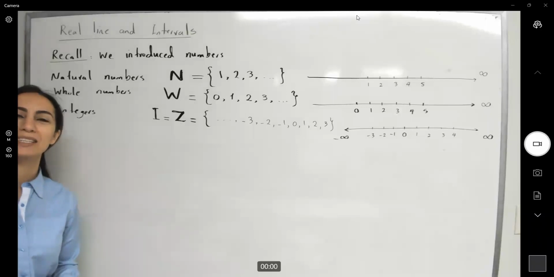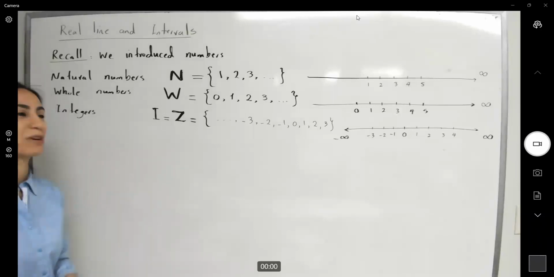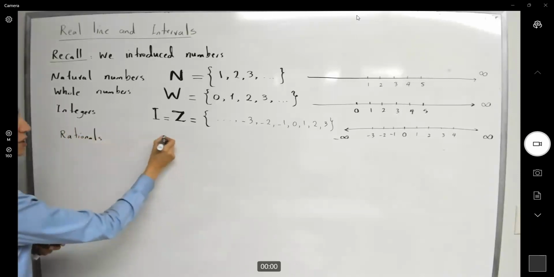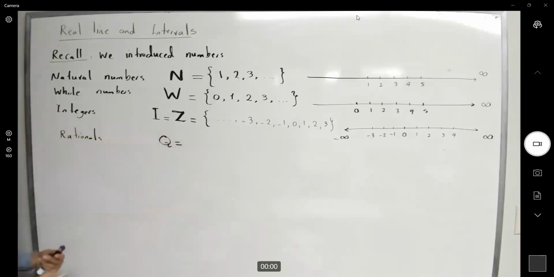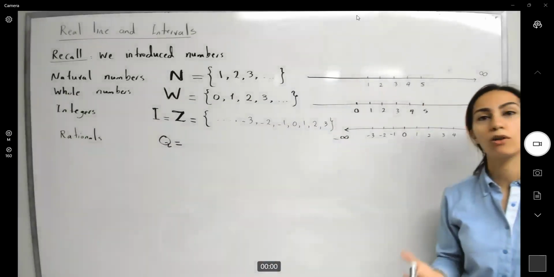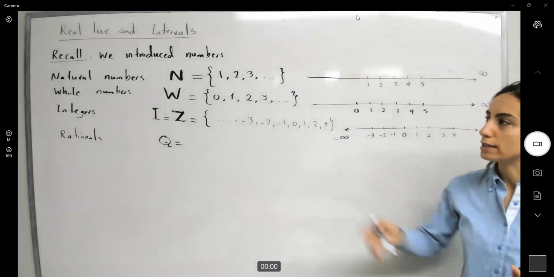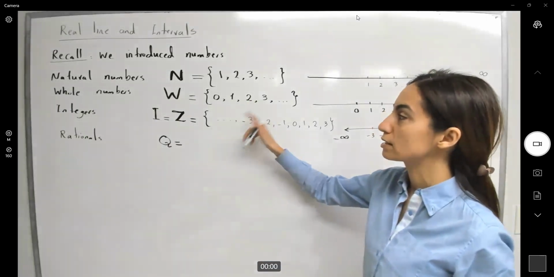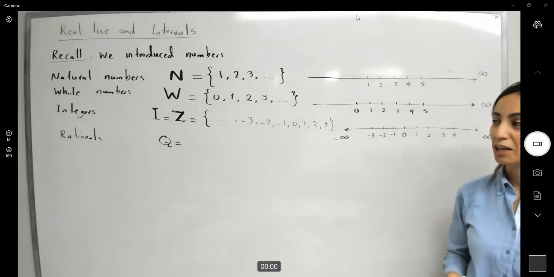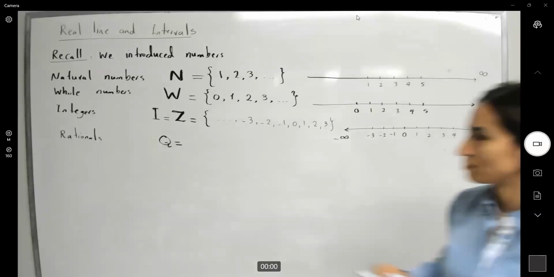We're going to call it rational numbers or fractions. Rationals are denoted by Q. Q is defined this way. Remember that we cannot list all fractions. So instead of a roster list, we're going to use a set definition of numbers.